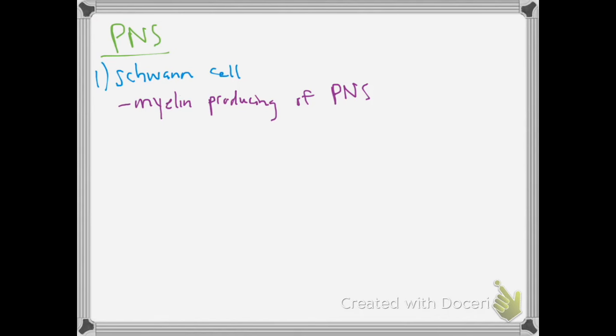And then we also have satellite cells. These are specific glial cells, and then both in the central and peripheral nervous system, obviously we have nerves. So you have the satellite cells, and these have an unknown function.